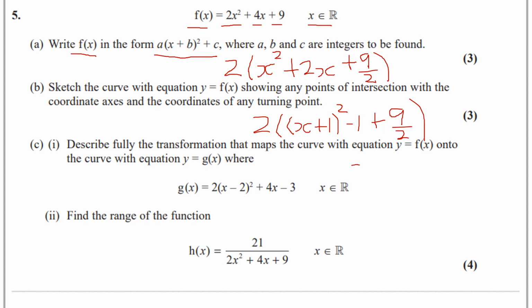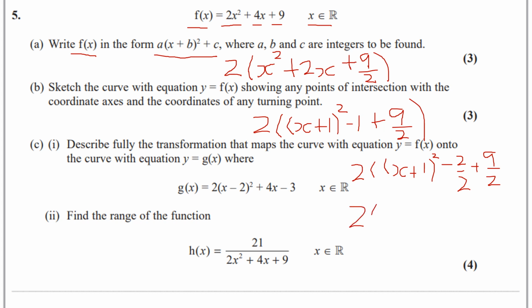I'm now going to tidy this bit up. So I'm going to have 2 bracket x plus 1 all squared. And then I can write the minus 1 as minus 2 halves. So I've got minus 2 halves plus 9 halves. That will go to plus 7 halves. Minus 9 plus 2 goes to 7, goes to 7 halves.